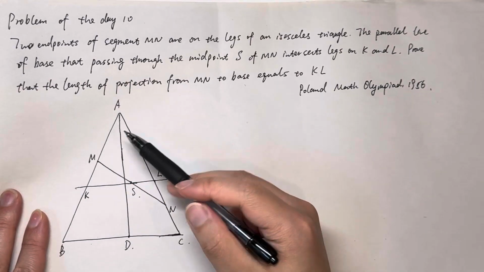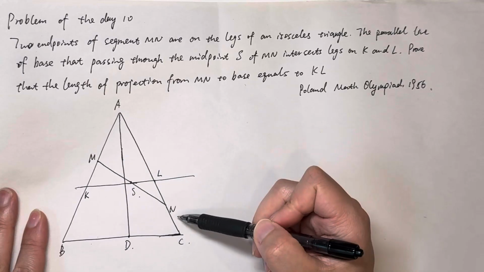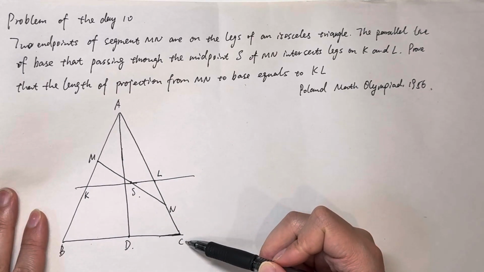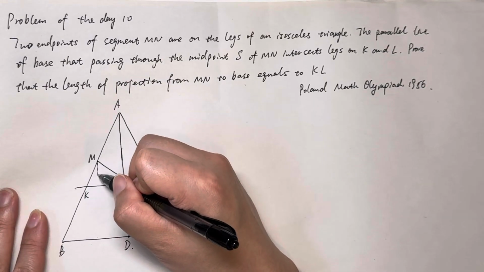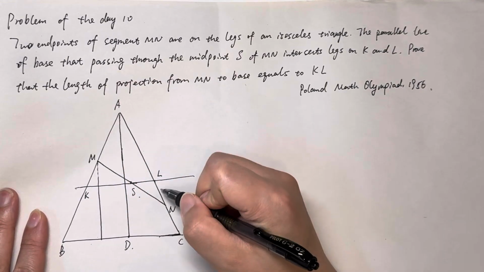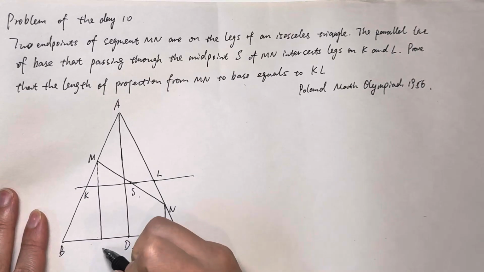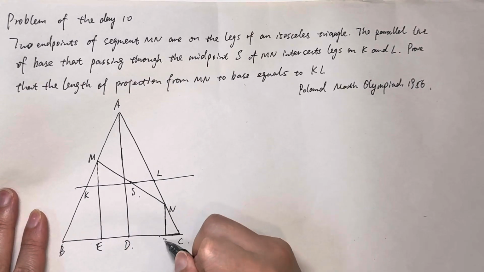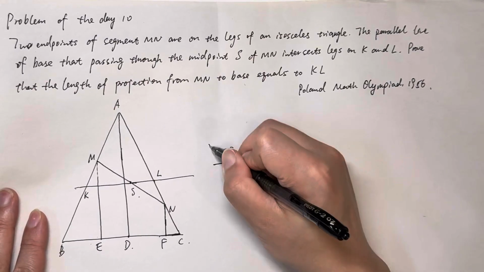Prove that the length of the projection of MN onto the base equals KL. So basically, it asks us to prove that, let's call this EF, equals KL.